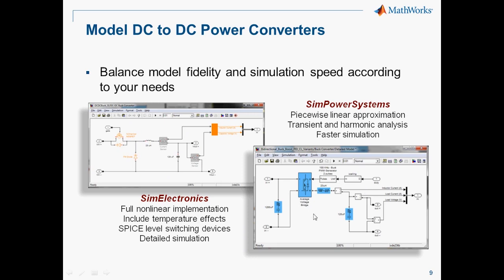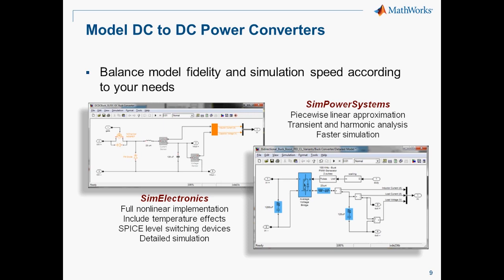On the other hand, SimPowerSystems also has these low-level components, but SimPowerSystems solves piecewise linear systems. This doesn't mean that it's doing full linear systems. It includes all the switching and all the transients and harmonic analysis.